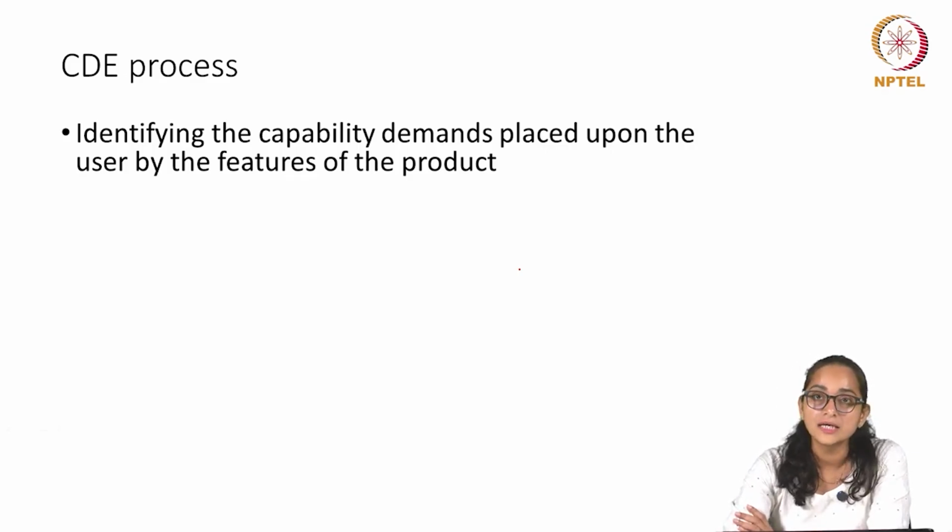It is seen that when teams of developers and designers are designing some product, they tend to place some benchmark ability lists on their intended audience, that okay, my user, so and so persona, is able to do XYZ, is able to do XYZ.